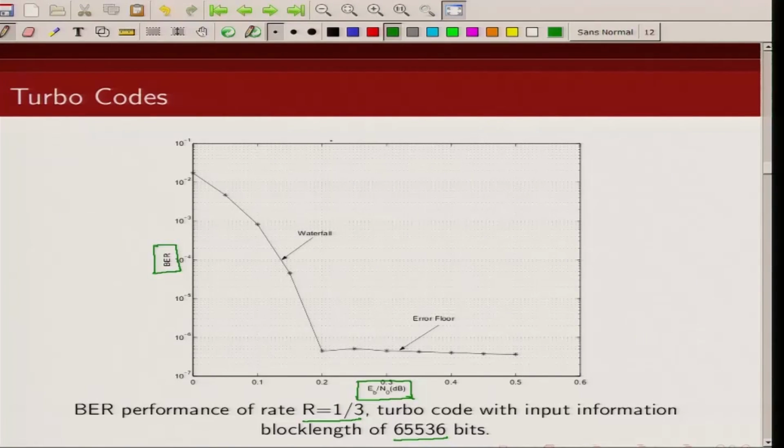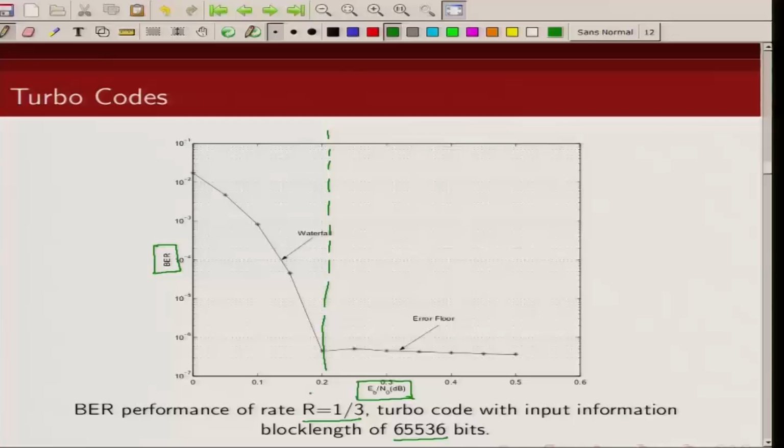So, there is a region where there is a steep fall in bit error rate performance, and this region we call the waterfall region. Just like a typical waterfall, the performance is coming down like this. And then there is a region where there is hardly any improvement in bit error rate in spite of increasing the signal to noise ratio, and this is known as the error floor region.